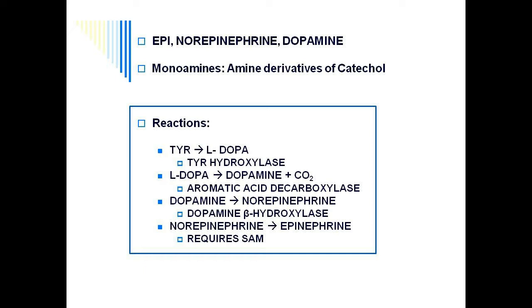This is followed by a decarboxylation event by aromatic acid decarboxylase or dopa decarboxylase, whereby dopamine is produced. This dopamine is converted to norepinephrine by a hydroxylation event catalyzed by dopamine beta hydroxylase. This is followed by conversion of norepinephrine to epinephrine, and the methyl group in epinephrine is obtained from S-adenosylmethionine.